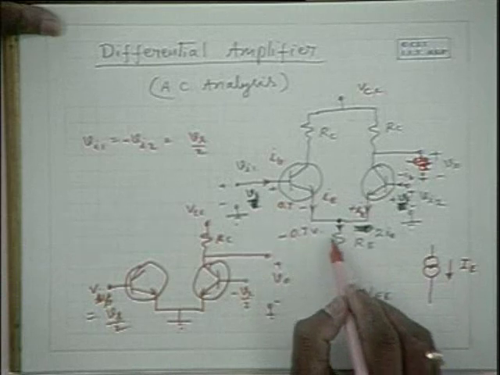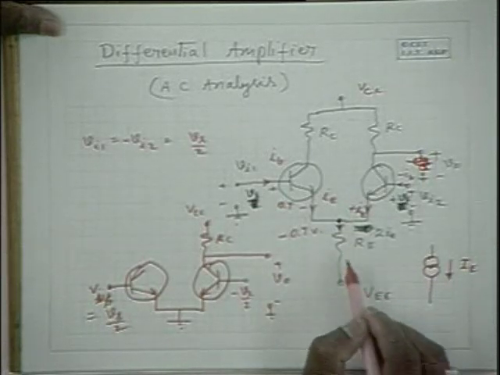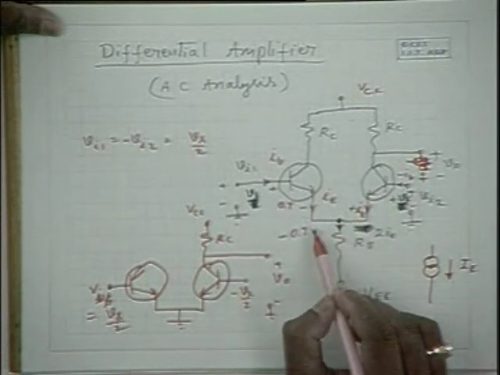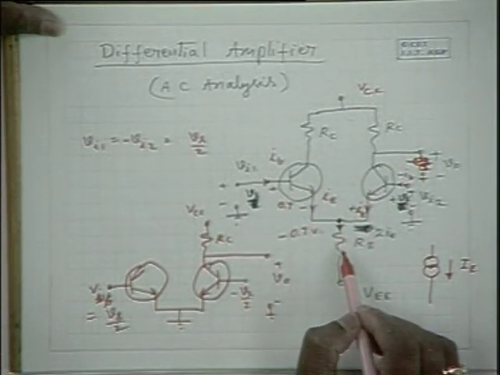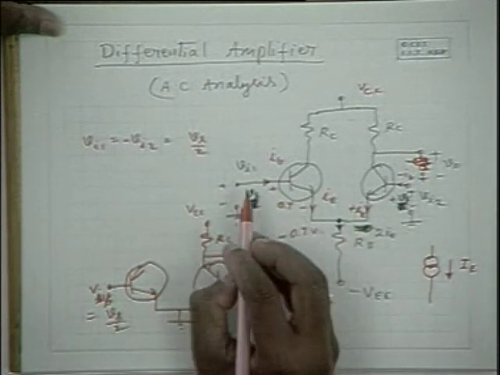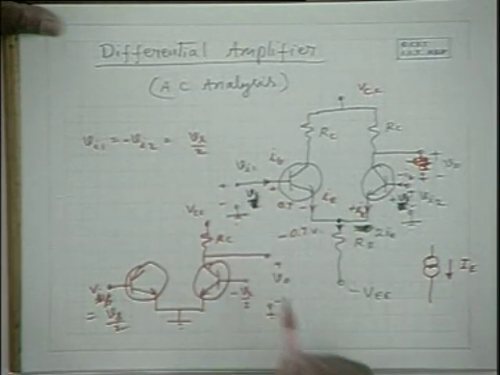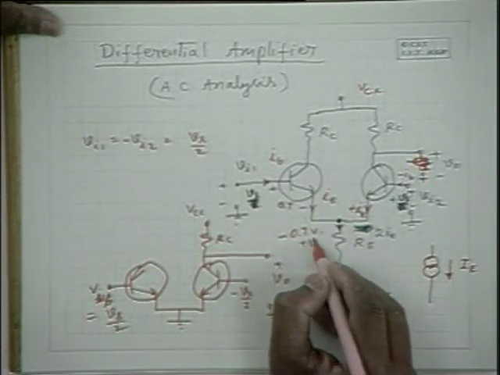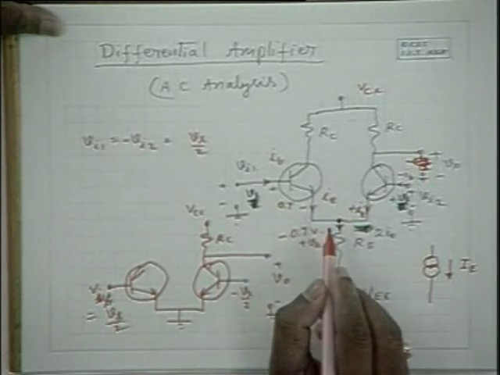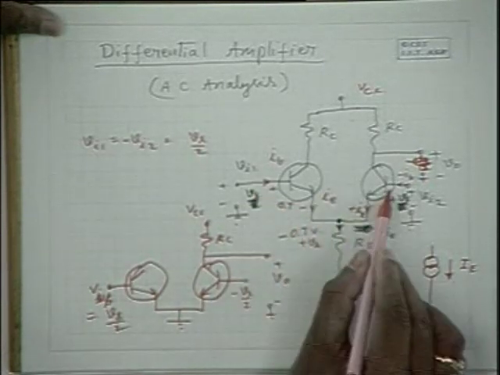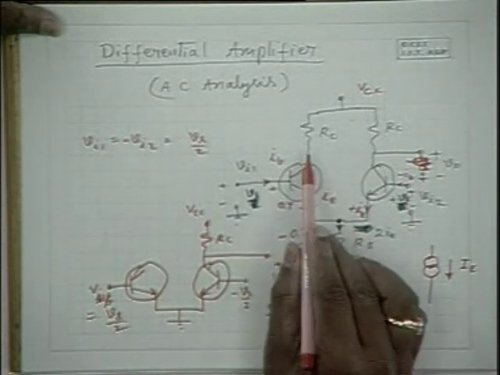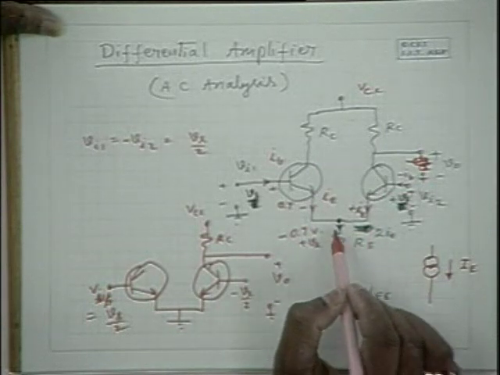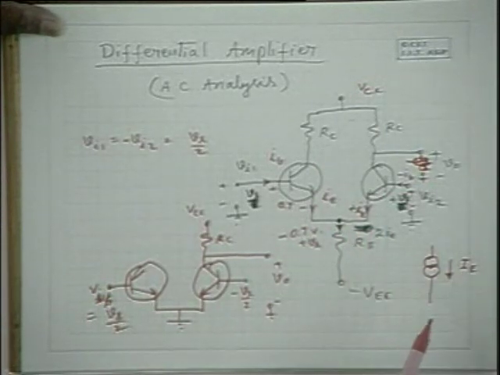But if you use a constant current source, it does not allow the current to increase. What happens when this voltage is increased by Vs? The constant current source output voltage also will increase by Vs, and it keeps the VBE constant and same IE, no additional alternating IE, and hence this current will remain constant.